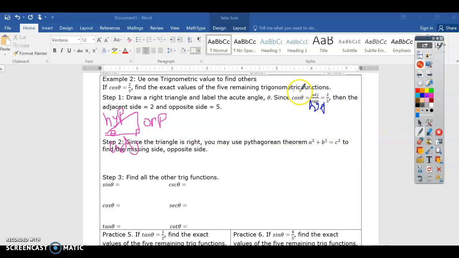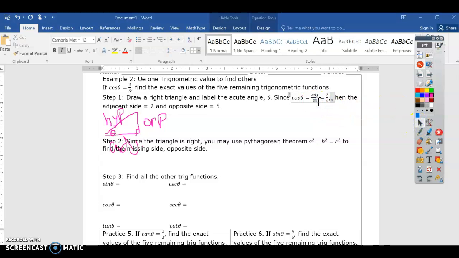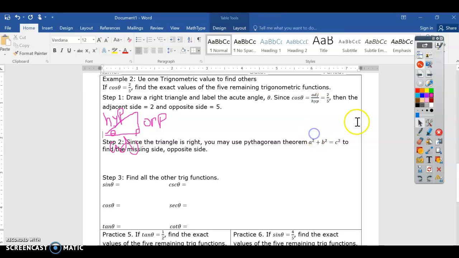I should probably make sure that my notes are actually correct before I teach it, but let's fix that. Cosine is 2 over 5, so that means my adjacent side is 2 and my hypotenuse is 5.